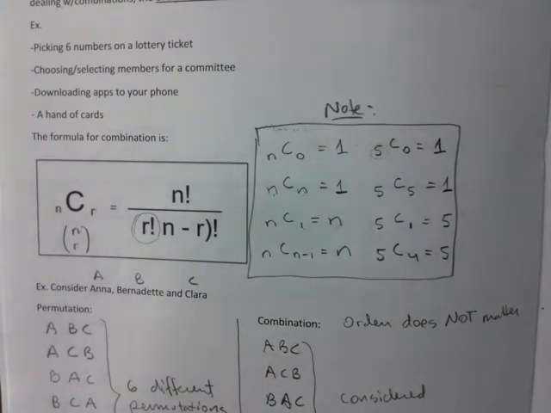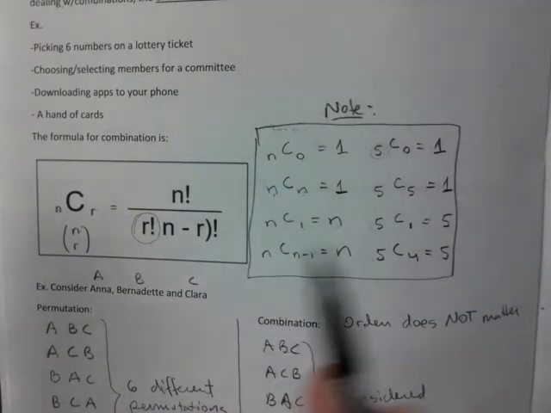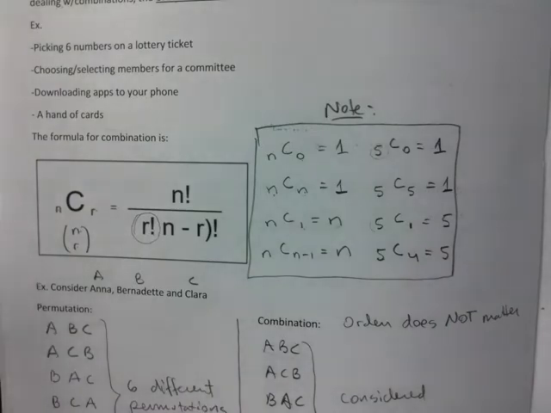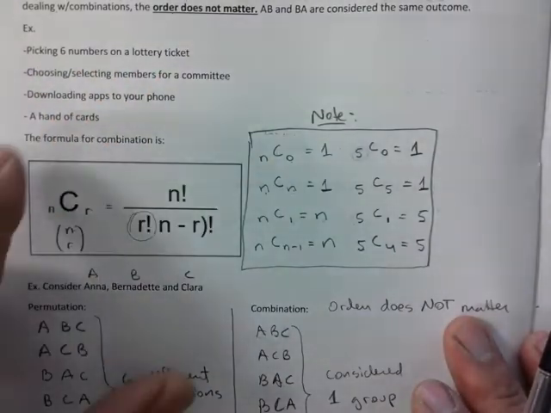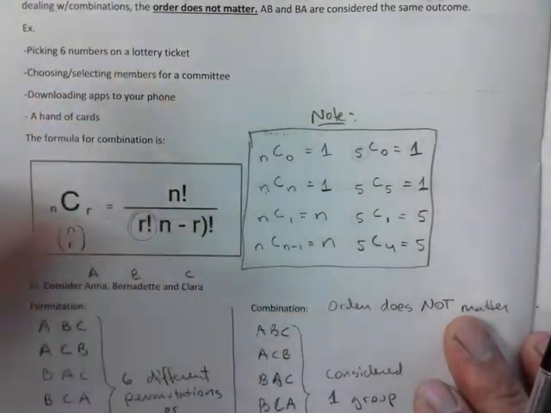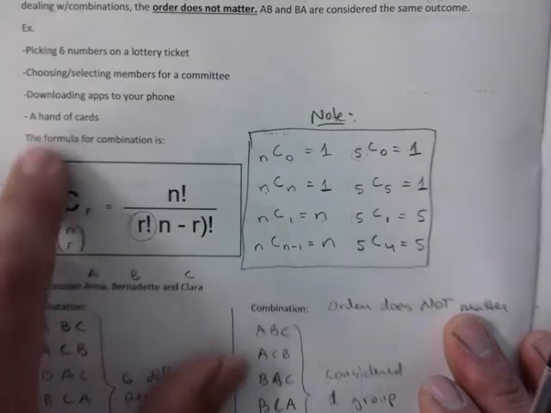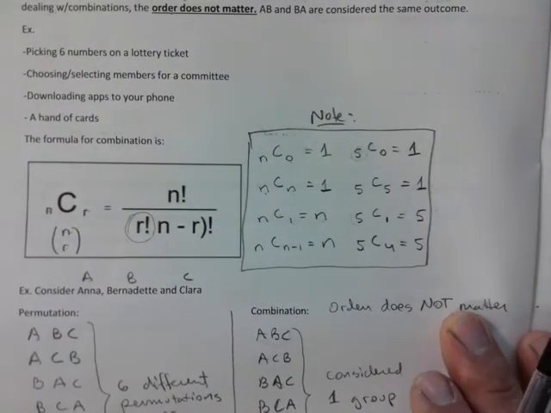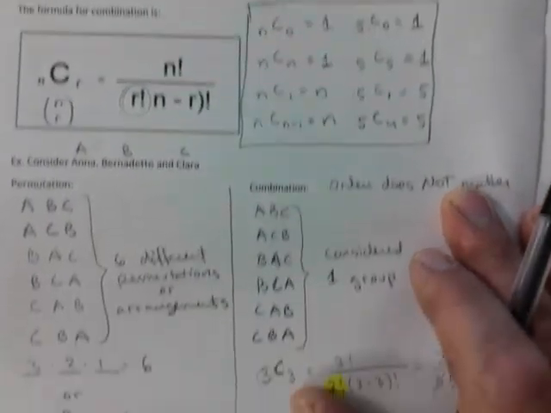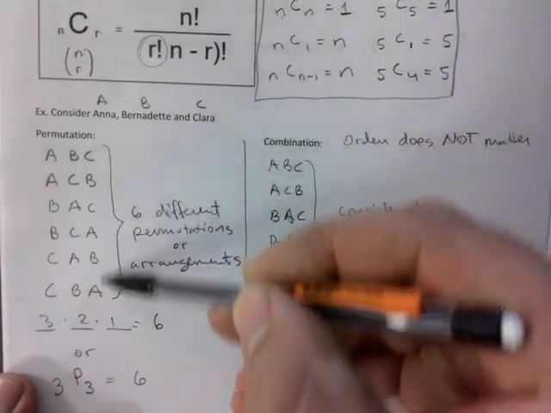So arrangements for pictures, like moving cars parked in different ways, would all be different arrangements. But when you're making groups, or picking lottery ticket numbers, or selecting members for a committee or a team or a hand of cards, all of that indicates combination.